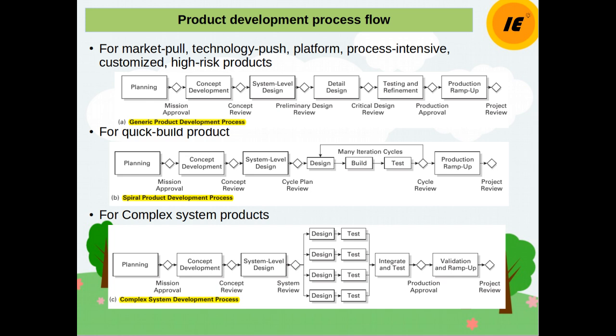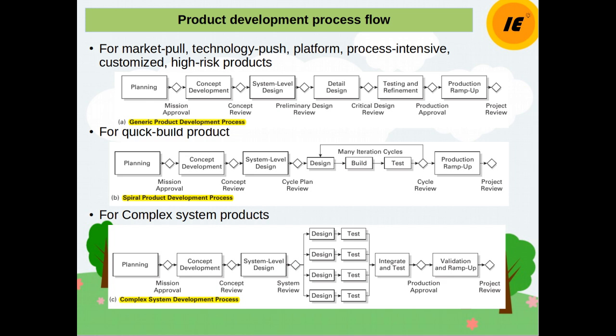In case of a complex system product, you can see that the change made here is that design and test have been divided into various categories. That means each category will denote the various subsystems, or maybe the division of various subsystems itself, that will be done in each stage, and all will be done by different teams, not in a sequential but in a parallel way.